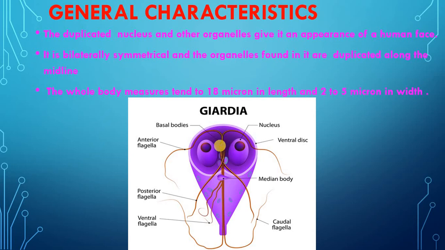A needle-like axostyle, this is the axostyle, found in the protoplasm, supports the body of the animal. Just behind the sucking disc, a parabasal body, also called the median body, is present, which stains dark.